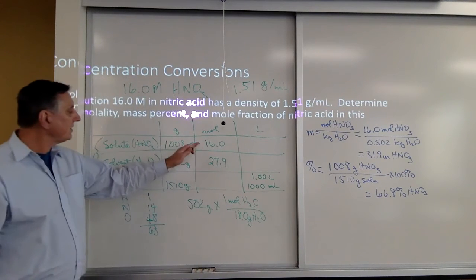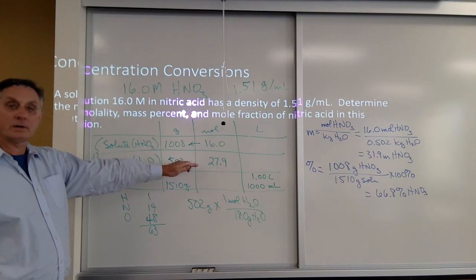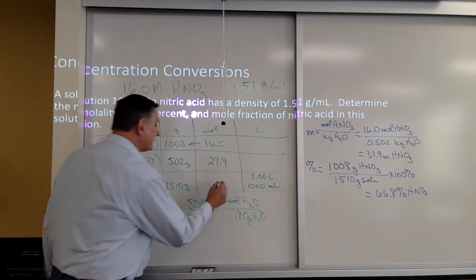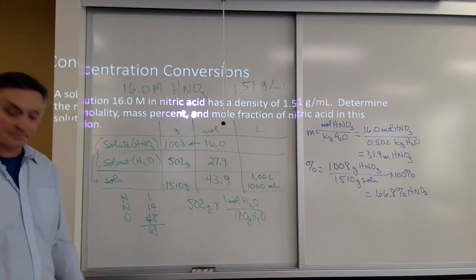So I know the moles of HNO3, my solute. I know the moles of water, my solvent. Together, we get 43.9 total moles.